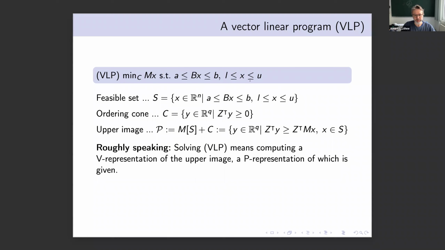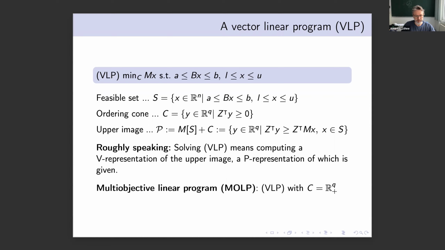Solving this problem means, roughly speaking, to compute a V representation of this upper image. Right, so we start with a P representation and want to compute a V representation. The same thing like in the polyhedral projection problem. We have given a P representation and want to compute a V representation.